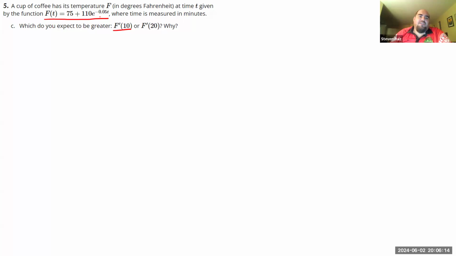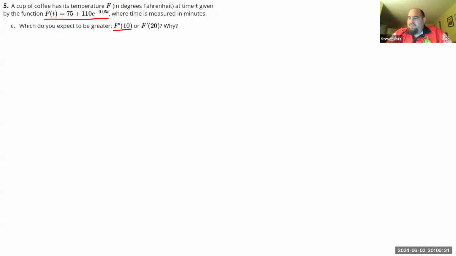Going to kind of go towards 0. So that leads me to believe that as t gets very, very big, my temperature is going to get closer and closer and closer to 75. And hopefully that is consistent with the way you think about something cooling down.